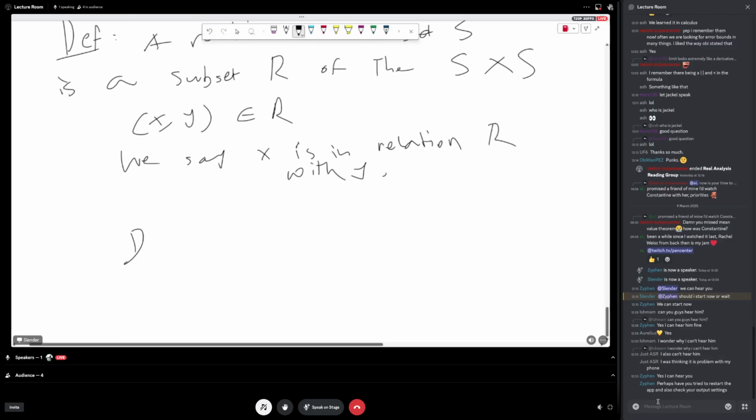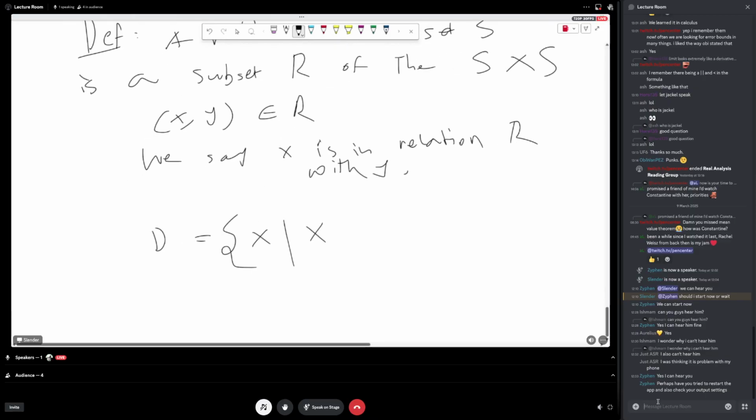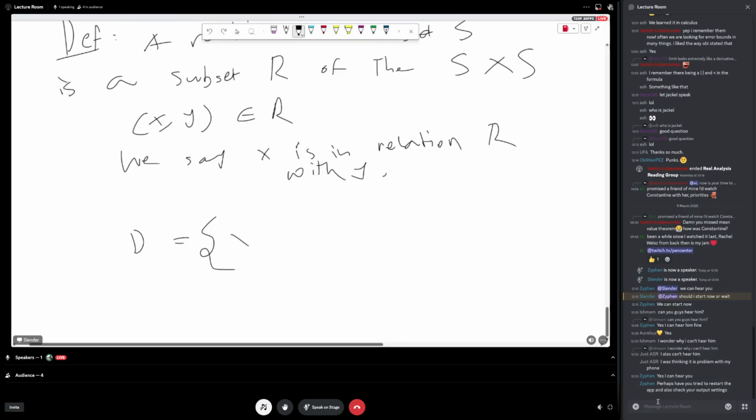So that's what a relation is. An example is: consider this set of all x, y such that x squared plus y squared is equal to 25, for example.